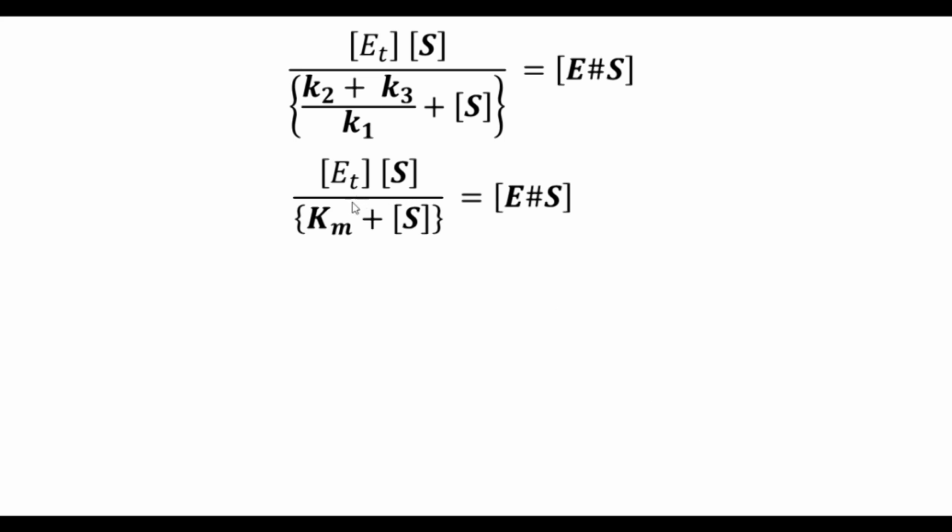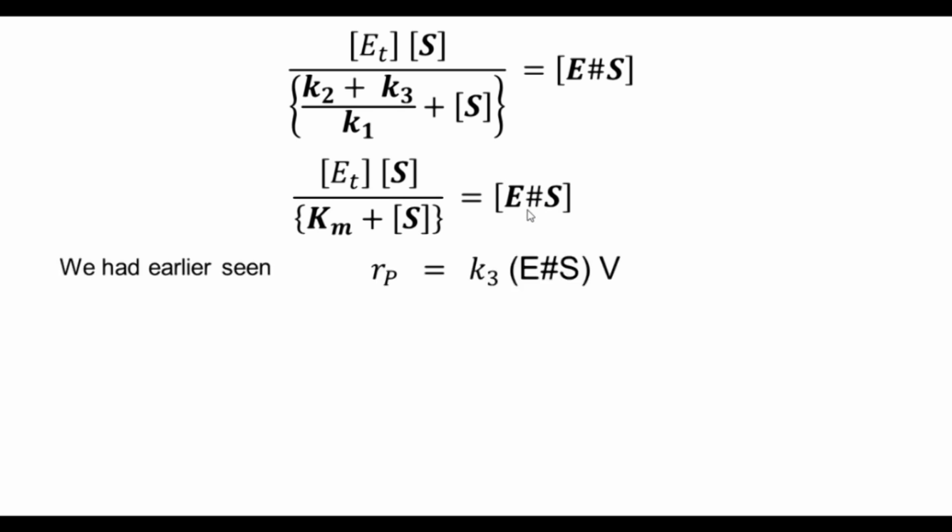And if I call K2 plus K3 by K1 as some capital Km, then the same equation can be written as this: ETS divided by Km plus S equals enzyme substrate complex concentration.